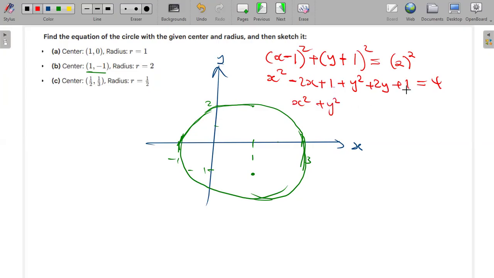I can add these 2 ones, that gives me 2. So minus 2x plus 2y. The 4 goes the other side, becomes negative 4, equal to 0. And you have x squared plus y squared minus 2x plus 2y, and this here is going to be negative 2, equal to 0. And that's the equation of your circle.